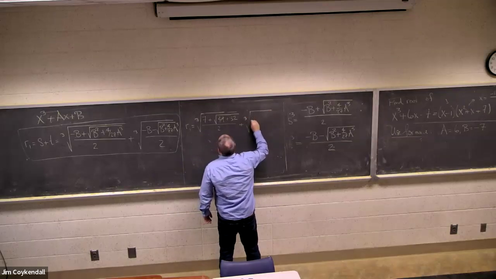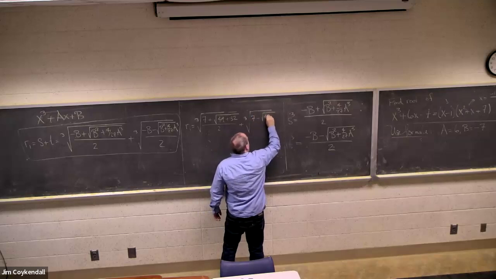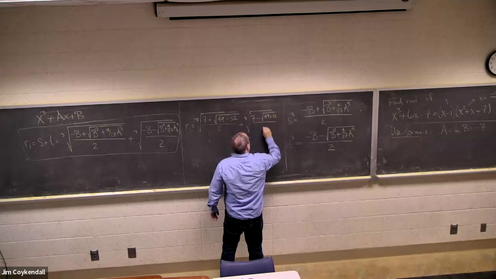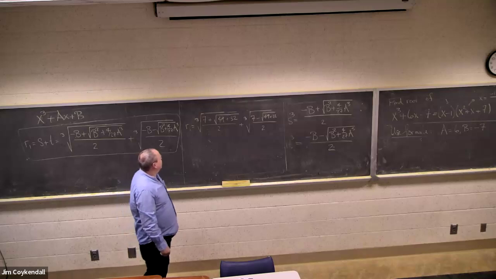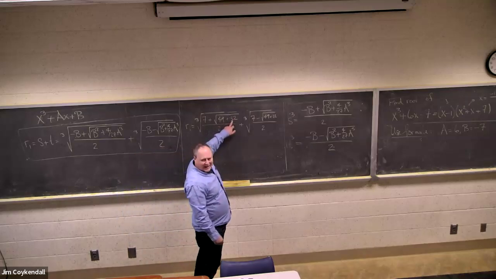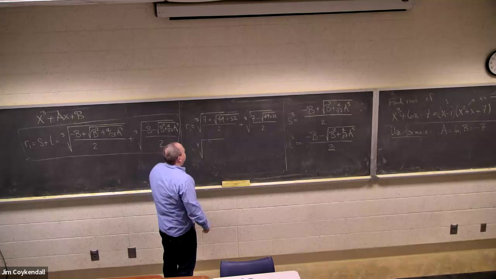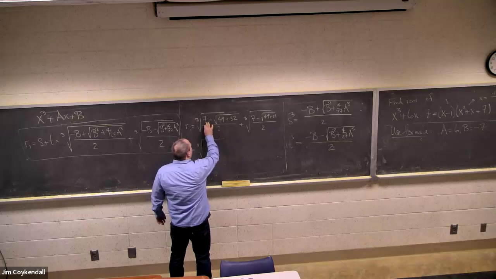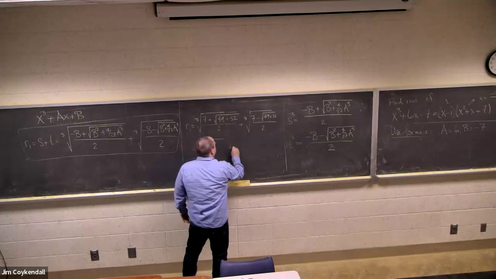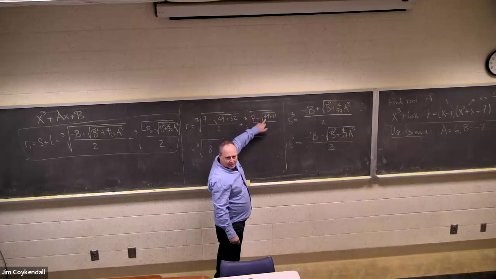Cube root of 7 minus, what do you want? Right? That's what the formula tells us. What is 49 plus 32? It is 81. So the square root of this is 9, not the fourth root. So it's 16 halves, which is 8. And this is 7 minus 9.